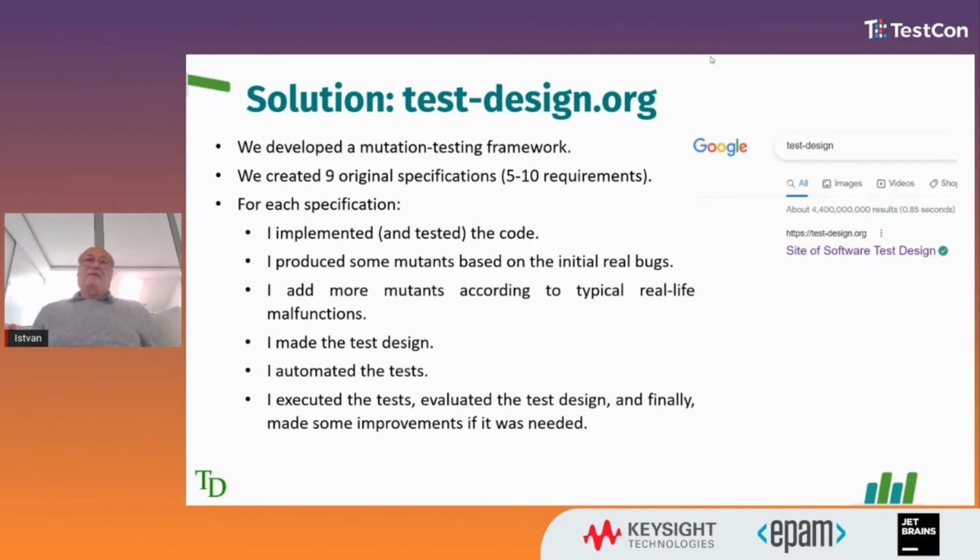And when my code was close to correct, the last version became the mutant. And I added more mutants according to my former bugs. In this way, I think we have very good mutants.